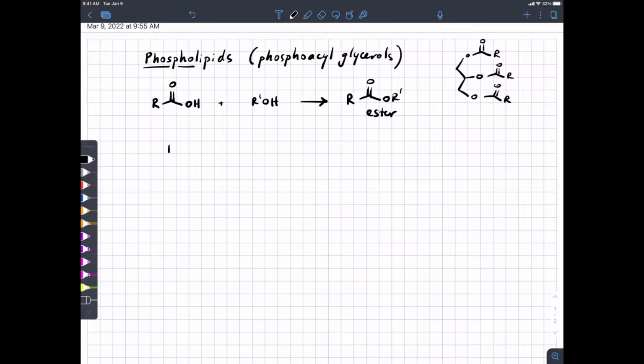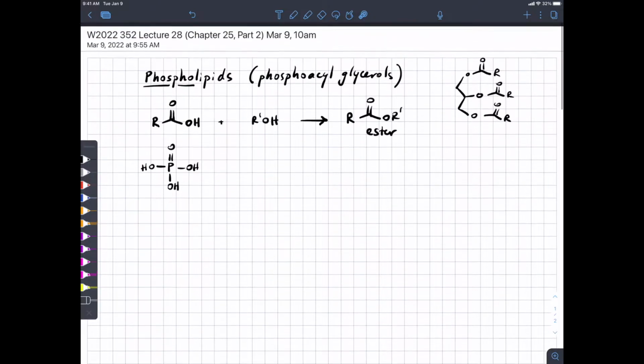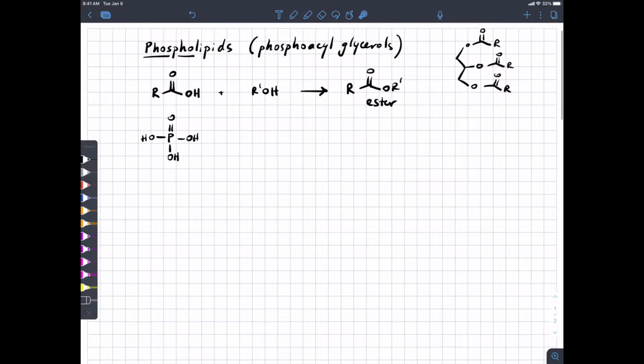It turns out that phosphoric acid can also form esters. We mentioned phosphoric acid. Maybe you've encountered it in stuff about acids and bases. The first pKa is around 2, and the second, I actually forget. But one of the pKa's is around 7.